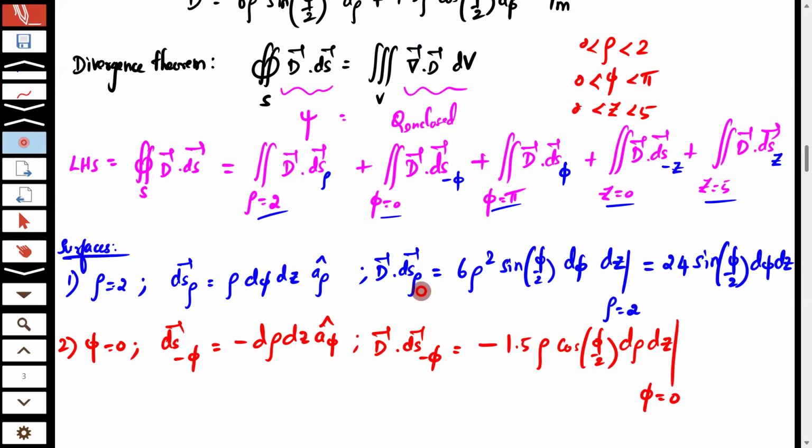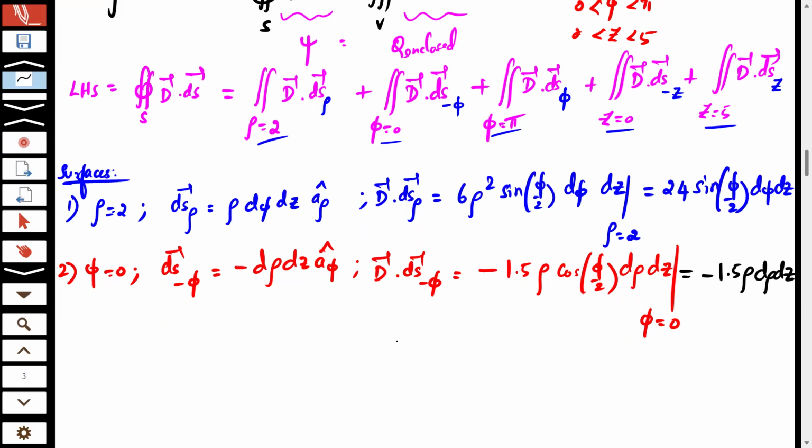Now, cos 0 will be 1. Thereby, we will get D dot dS will be minus 1.5 rho d rho dz. So this is the D dot dS vector for phi direction.